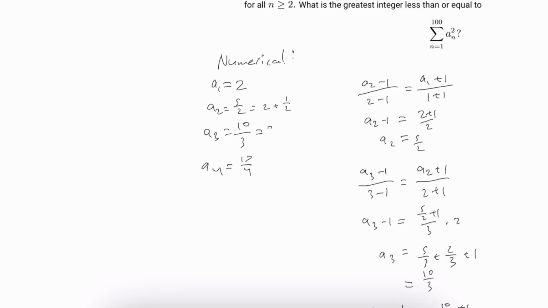This is 3 plus 1/3. This is 4 plus 1/4. And we see the first term is just 1 plus 1 over 1, right? So we might conjecture that a_n is n plus 1 over n.